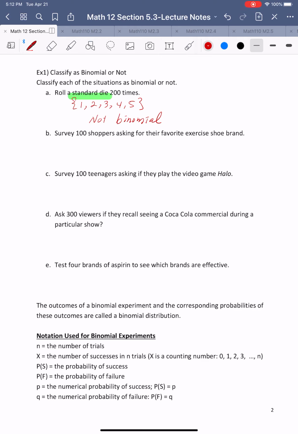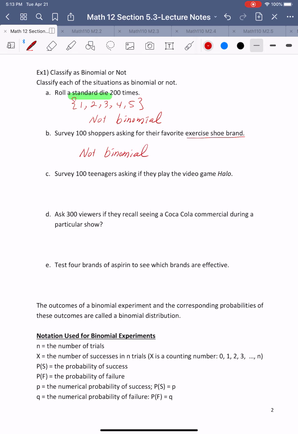In B, survey 100 shoppers asking for their favorite exercise shoe brand. There are more than 2 shoe brands, such as Nike, Adidas, Under Armour, and New Balance, so it's not binomial.